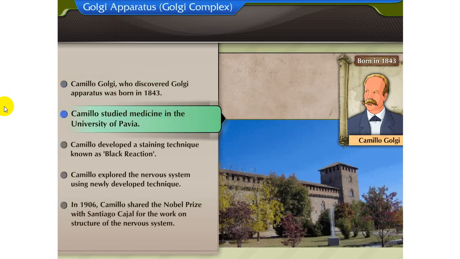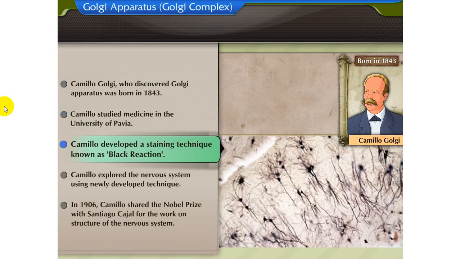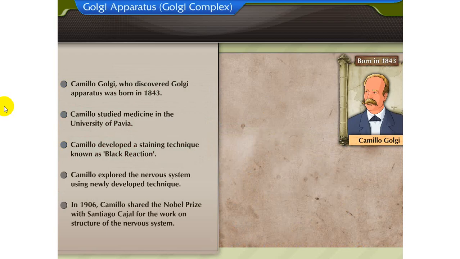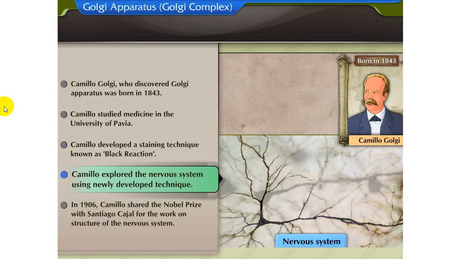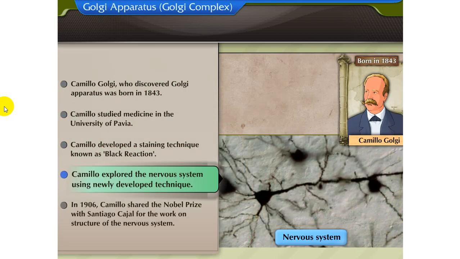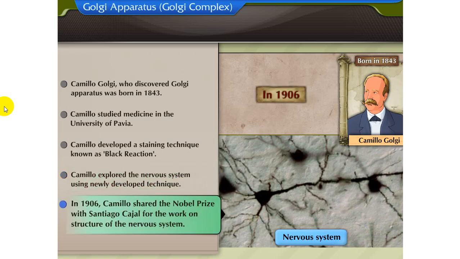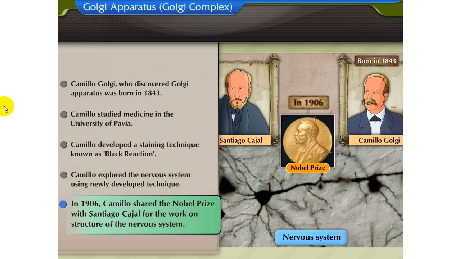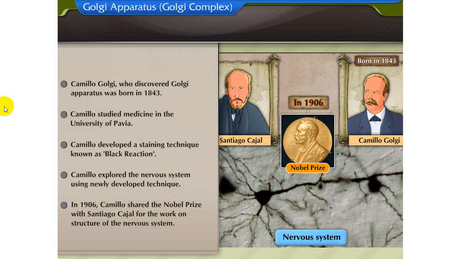He studied medicine in the University of Pavia. He developed a staining technique known as black reaction. He explored the nervous system using this newly developed technique. In 1906, he shared the Nobel Prize with Santiago Cajal for the work on structure of the nervous system.